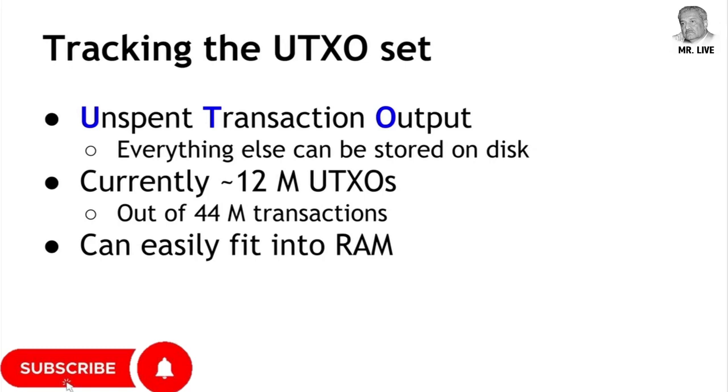Currently there are about 12 million unspent transactions, out of 44 million transactions that have ever been proposed. Fortunately, that's still small enough to fit in less than a gigabyte of RAM in an efficient data structure, so that if you're running a fully validating node, every time you hear about a new transaction, you can quickly check, run the redemption script, and see that this is a valid transaction that you should put in your pending transaction pool.